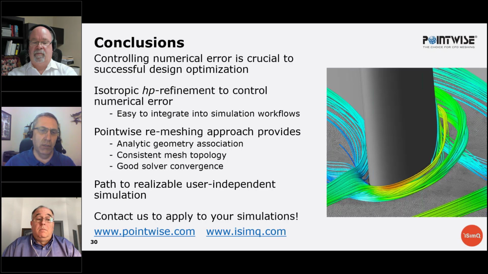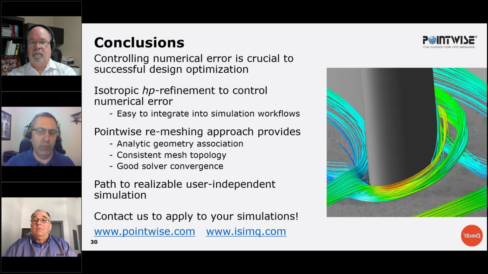We've shown you H and HP refinement to control numerical error and how it can be integrated into a simulation workflow. We've shown that the remeshing approach provides some benefits. It maintains geometry associativity. You have a consistent mesh topology so that your solver convergence remains high.